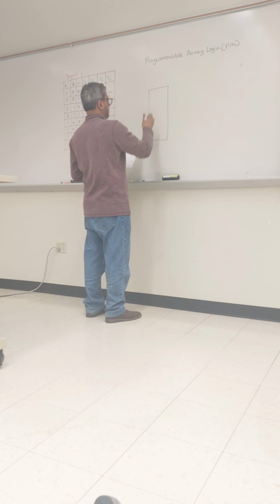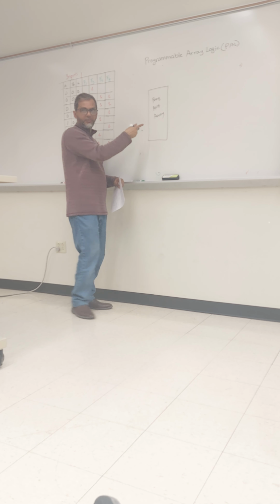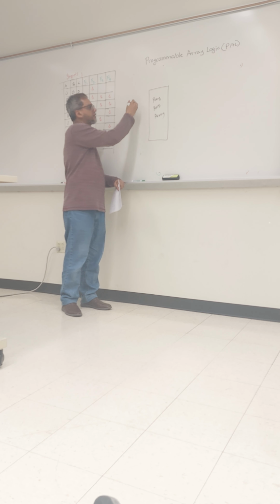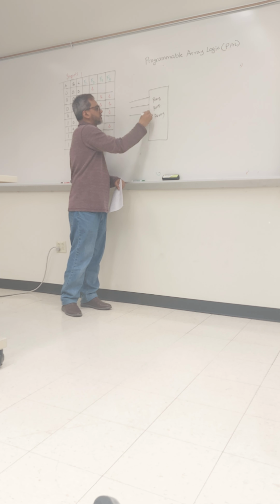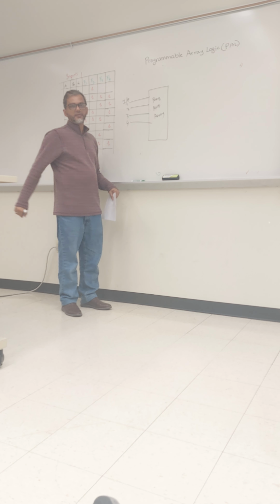So this is the programmable AND array, as you already saw. In the PAL, the AND array is programmable, right? These are the input pins, 1, 2, 3, 4, whatever.